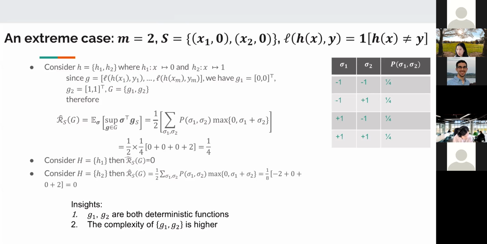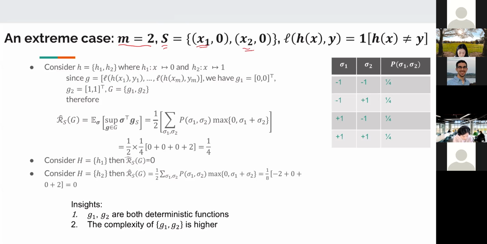You want to characterize the complexity on a sample of size 2. Your S, your training data set, is just your sample. It has only 2 data points, as I said, m equals 2. So if x1 is 0 and x2 is 0, both examples give you a 0 label. So x1 is fixed, and x2 is also fixed.